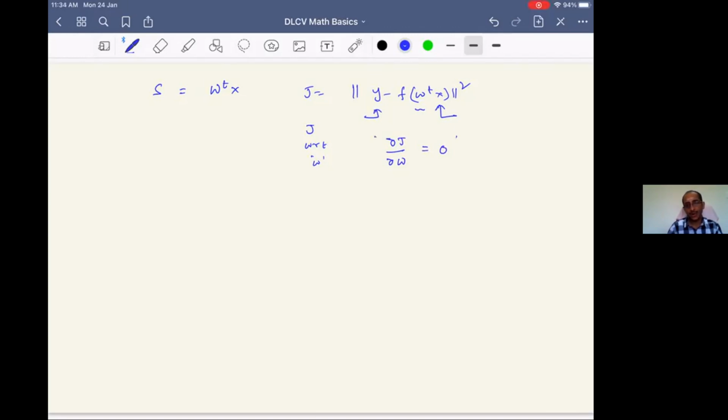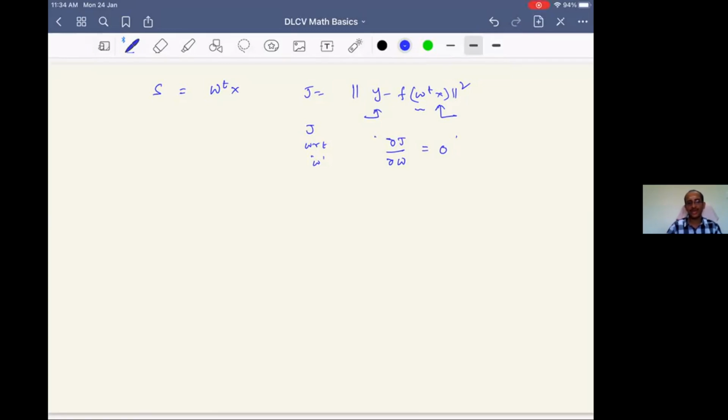One well-known way, other than directly equating the differential to 0, is to iteratively arrive at the solution for w. The reason being, in some cases, especially when this is a linear function, equating the differential to 0 doesn't yield a solution for w. The w itself will disappear if you try to equate to 0.